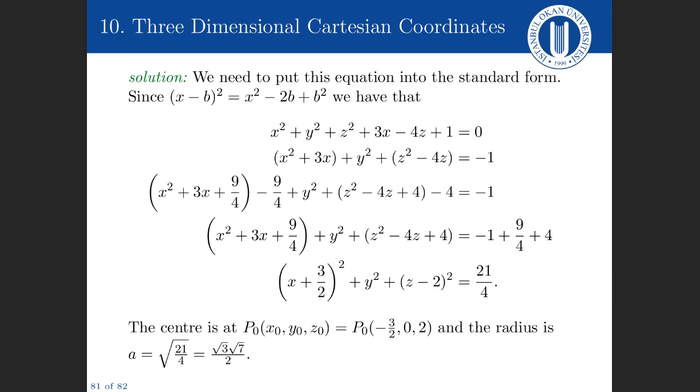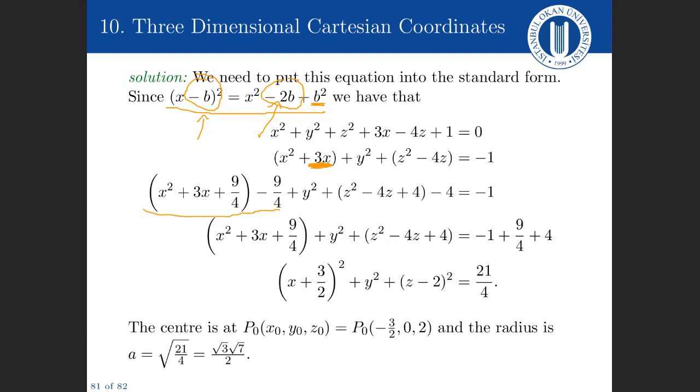And I'm going to use this property. Now, note that there's a minus 2b here and there's a minus b. In other words, this number is going to be a half of this number. I have 3 just here.